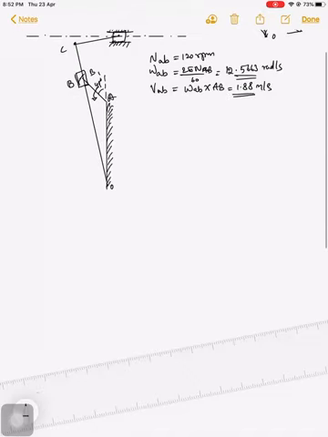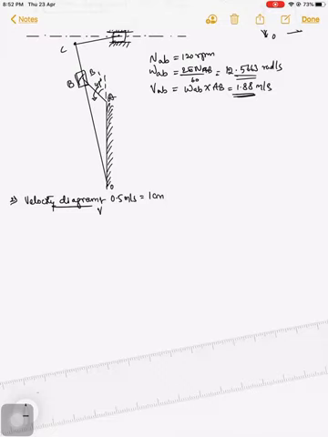So now next step is drawing the velocity diagram. We know 1.88 meter per second is the value for the linear velocity of AB. Using this, I'll take the scale as 0.5 meter per second is equal to 1 centimeter.